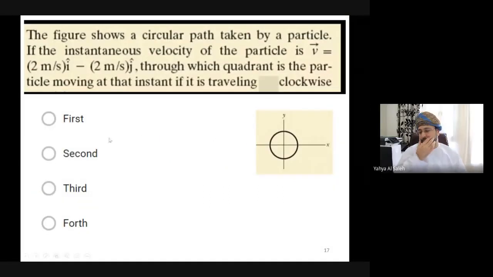Let's start over. It said the particle is moving clockwise. It's moving this way. Okay, this is position. Velocity is tangential, or otherwise known as the gradient at any given point.